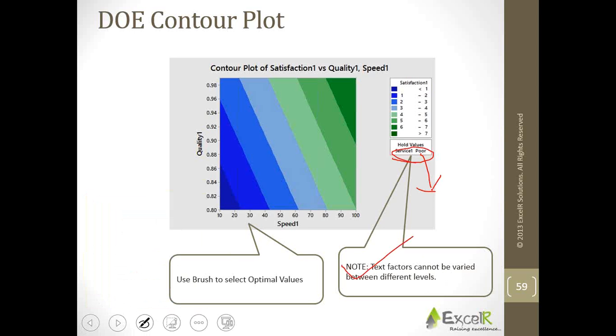If you mention the service as poor, good, etc., you cannot vary it between different levels. These are the various levels that are available. You can use the brush symbol which is available in the Minitab to actually select the optimum value. What is the optimum value that is required?